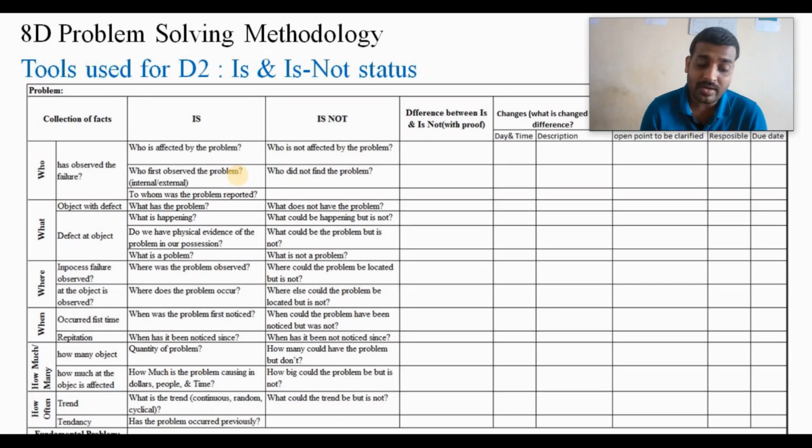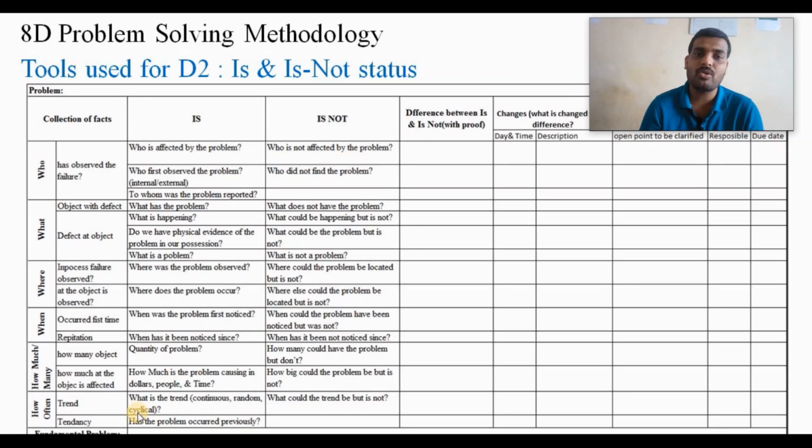Then the quantity of problem: how many were affected, how many were not affected. Is the trend continuous or random? Like this questionnaire you have to answer in the is and is-not statement. Then for the difference between is and is-not, you have to give photographic evidence of each activity. Okay, so this will drill down to the fundamental problem.